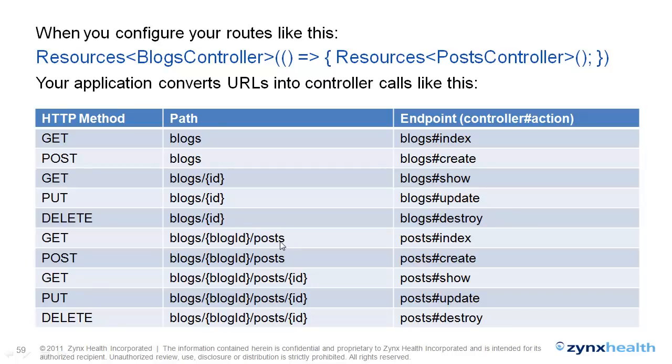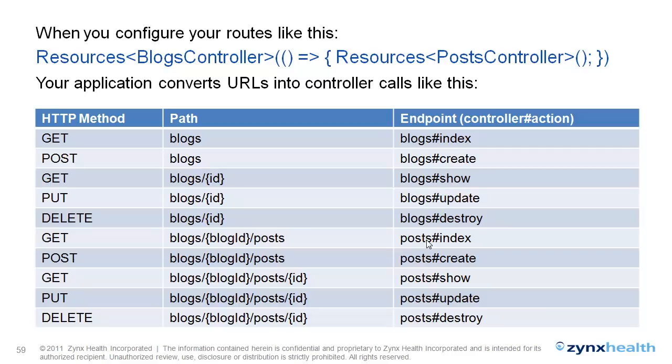Going a level of hierarchy down, if we do a get against a URL that is of this form, where there's some specific blog ID here in the path between blogs and posts, then we're going to hit the posts controller and we're going to hit its index action method, and that method is going to get the blog ID as an argument. Because now, there's the posts controller, it's an instance that is generated by the framework to handle this request.